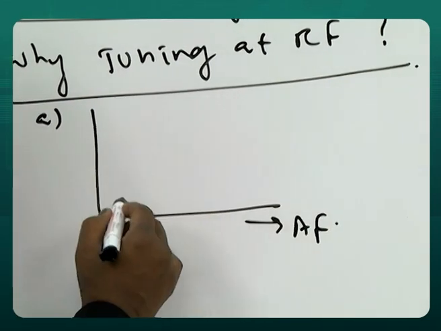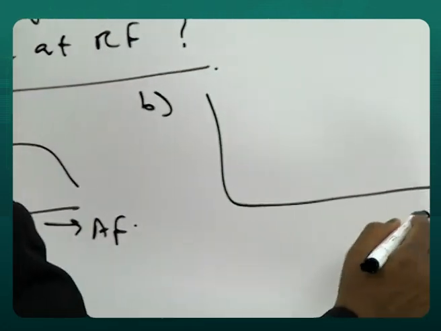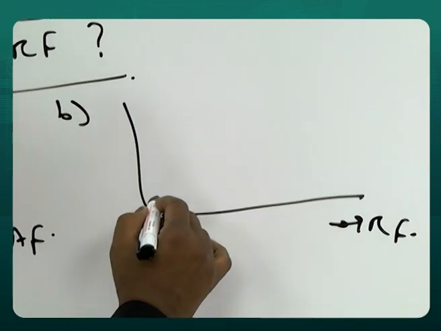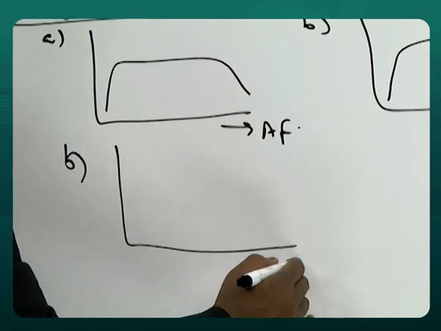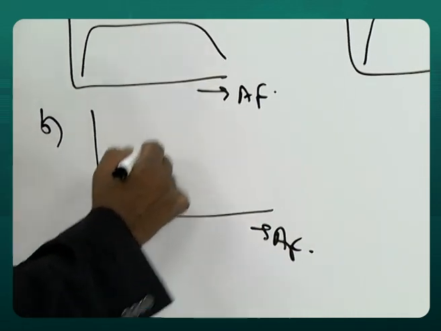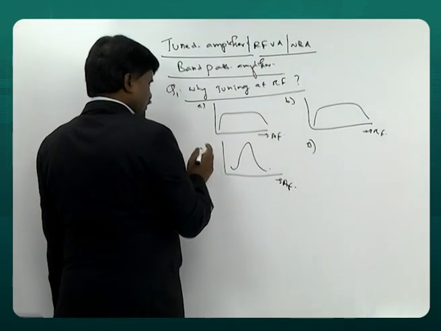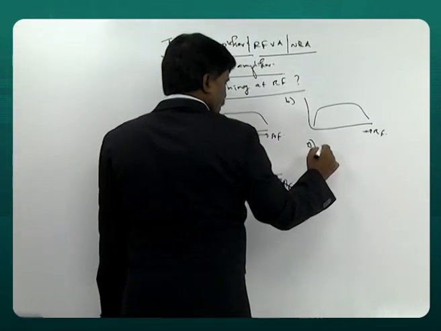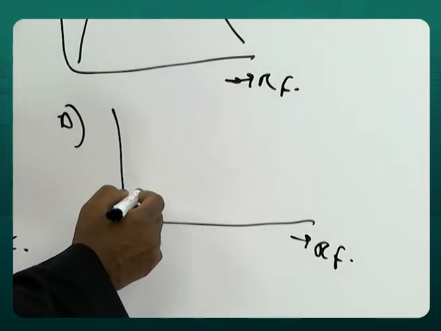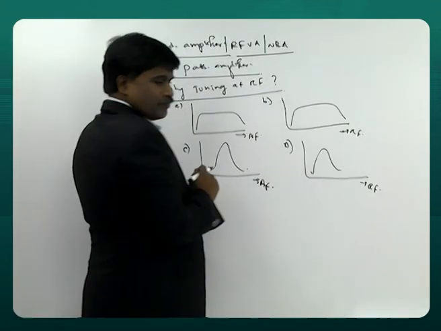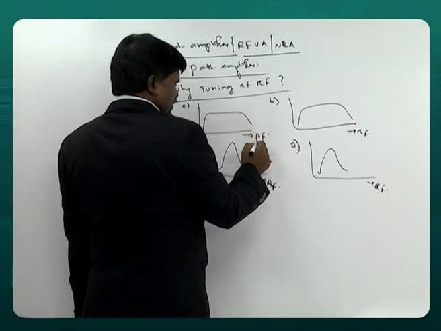This is audio frequency. This is also radio frequency. Audio frequency, this is C, D. Radio frequency. Audio means kilohertz, for example.